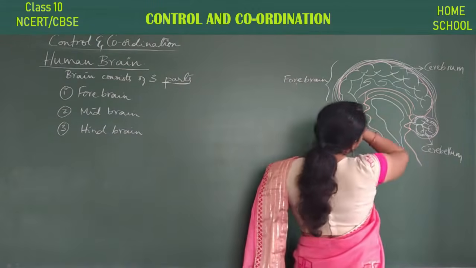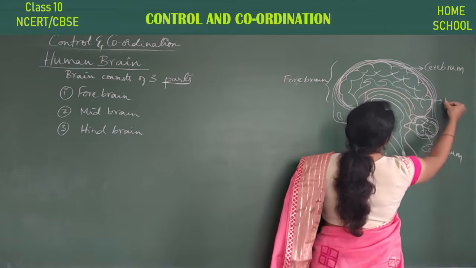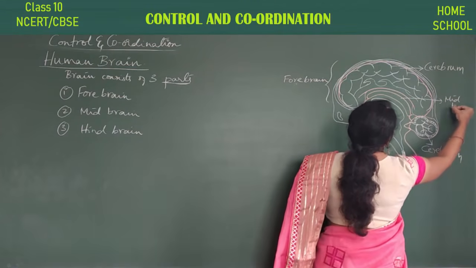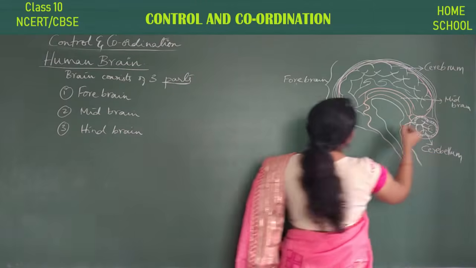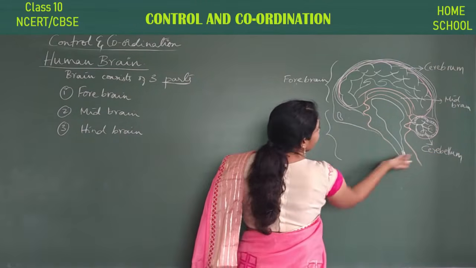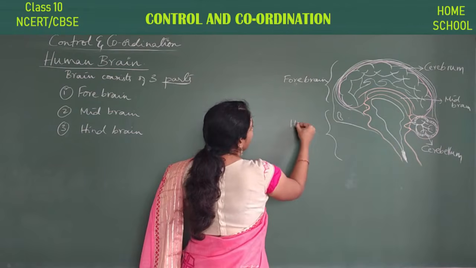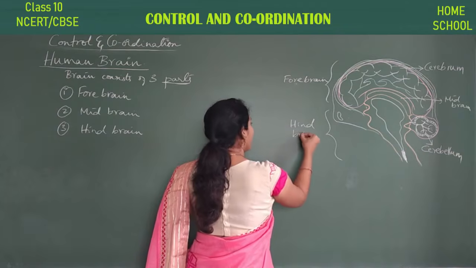And you know, this part, this is what we call midbrain. This is midbrain. Okay, and this entire thing from here, cerebellum, including cerebellum, the entire thing is called hindbrain, backside of the brain.